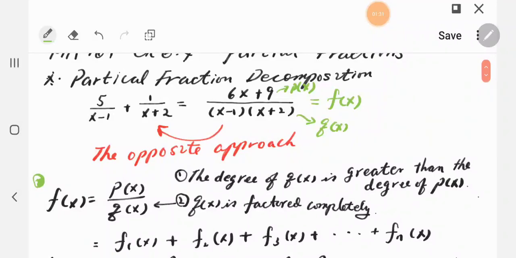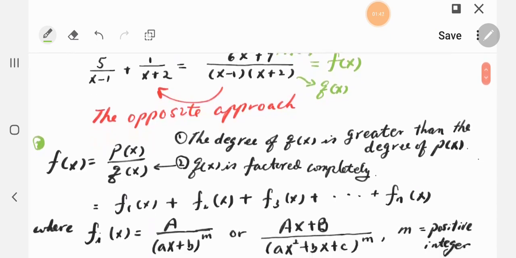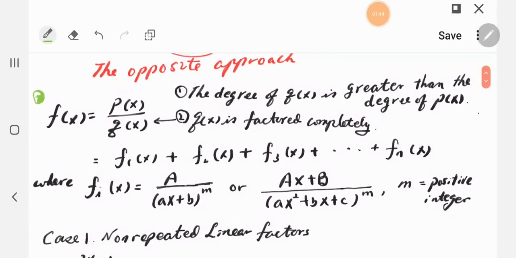We can make many fractions using factors from the denominator. We call this partial fraction decomposition. Once we do this, we will have several fractions: f1 of x, f2 of x, f3 of x, and so on.